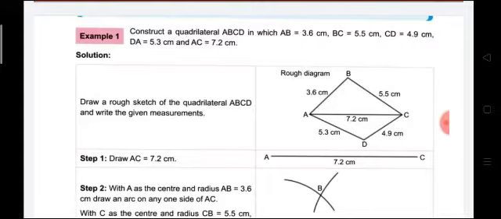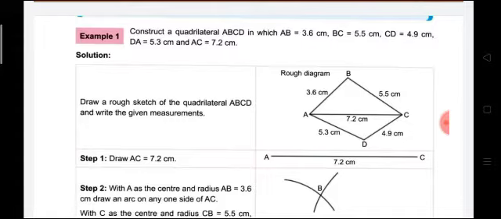For this, firstly we have to think about a rough diagram of the quadrilateral. We will draw a rough sketch of the quadrilateral, you can take the sides as they are, or you can take a rough figure. We will take it as ABCD and we will draw the diagonal AC.